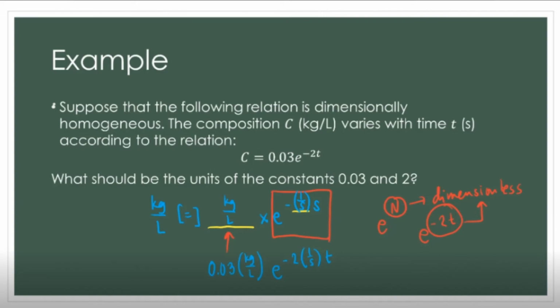We can write our entire equation as C with units of kilograms per liter is equal to 0.03 with units of kilograms per liter multiplied to e raised to negative 2 with units of per second multiplied to time with units of second. This is now a dimensionally homogeneous equation. And by using that concept, we were able to determine the units for 0.03 and for 2.